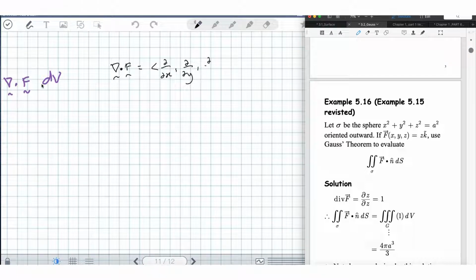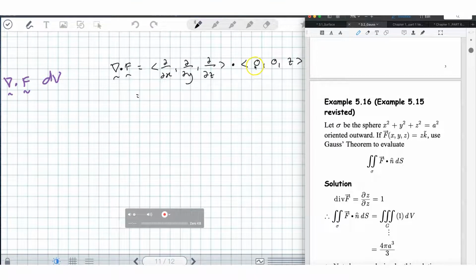F in this case is given by 0, 0, z. When you apply the dot product: del x of 0, plus del y of 0, plus del z of z, which gives you 1. So your divergence is 1, positive.